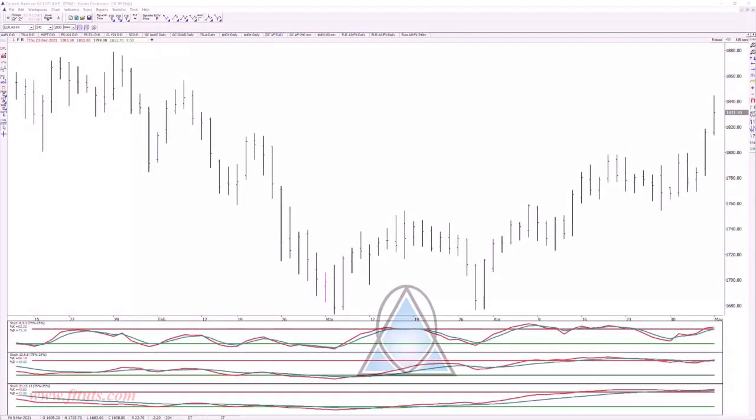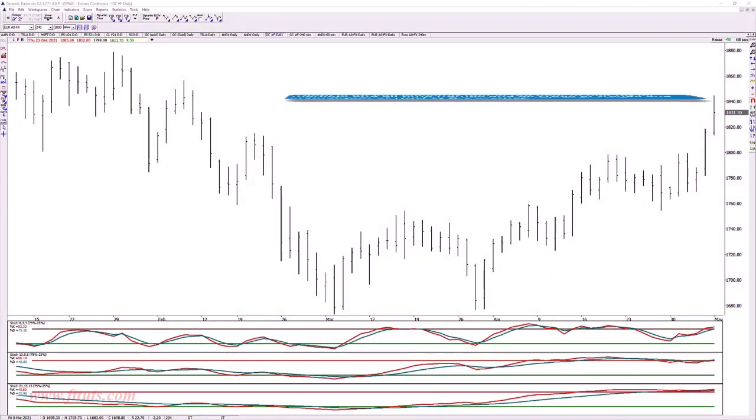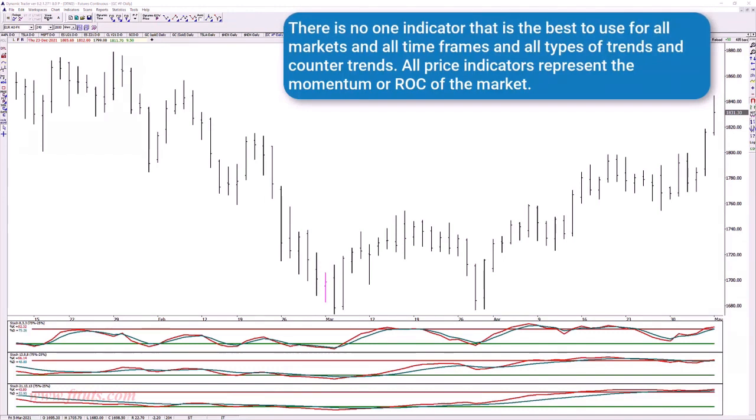So a couple of things to stress before we get started is, number one, once again, there's no one indicator that's the best to use for all markets and all time frames and all types of trends.